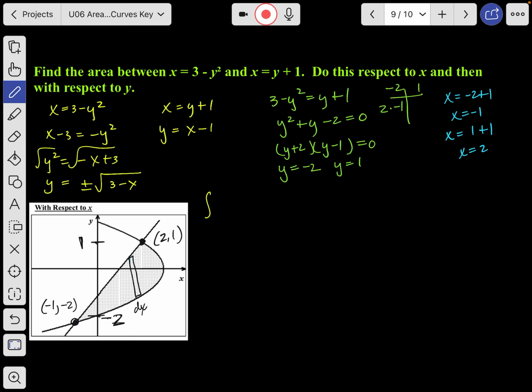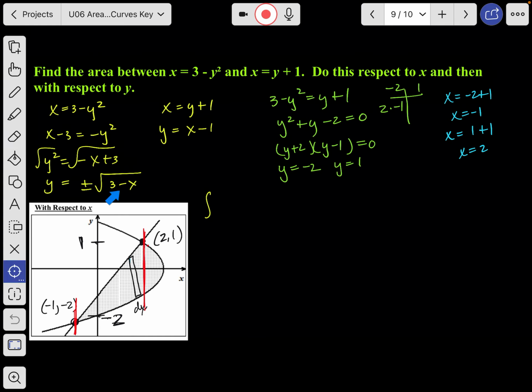All right, so my first integral, and let's see, what else is going on here? Because if I'm going to do this with vertical, I've got this piece from -1 to 2 where the linear is on top of the quadratic. And then I've got a piece from 2 to, well, 3.